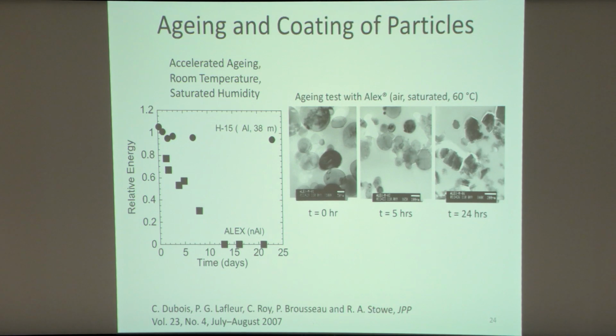So again, one of the ideas to prevent the aging is to passivate the particle. Put a layer of something over it that's going to prevent oxygen from getting to the surface. And you can see here, this was originally nanoparticles and how quickly the relative energy content changed with time, in terms of days.